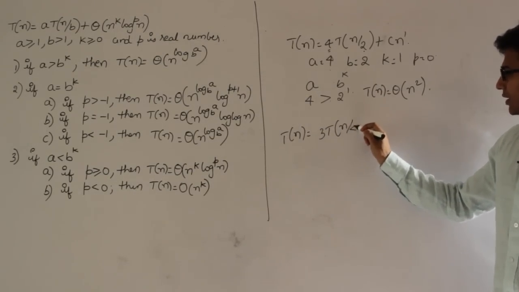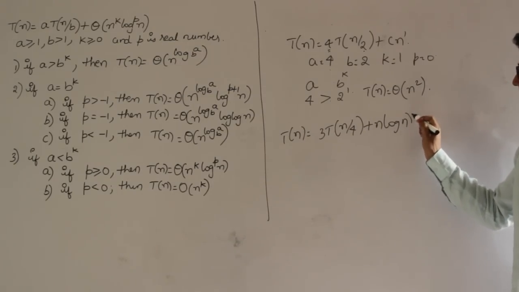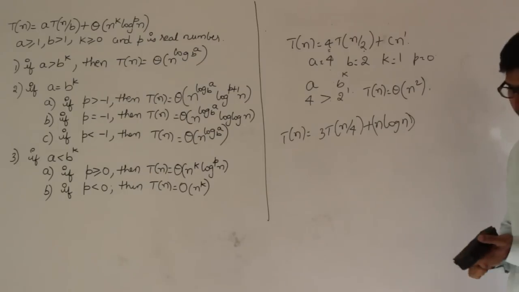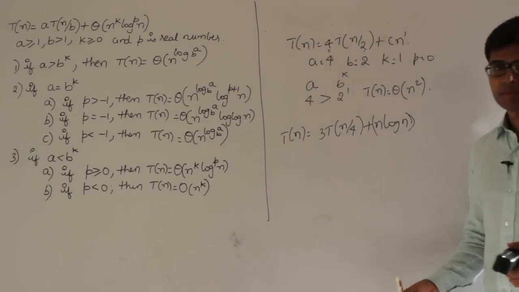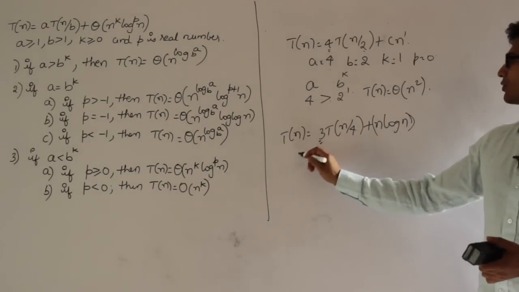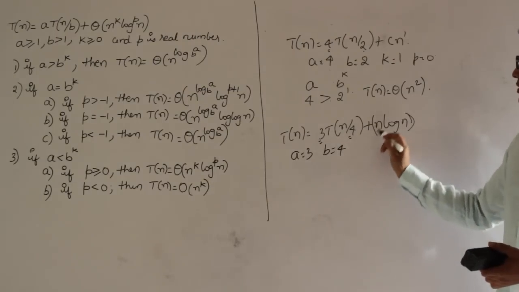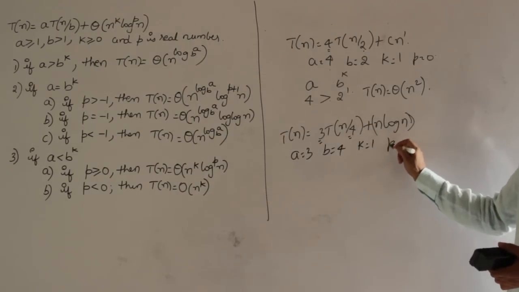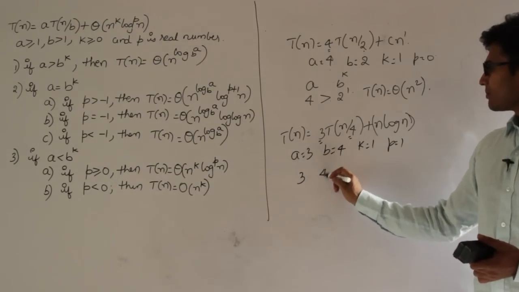And next one is T(n) = 3T(n/4) + n log n. Here a = 3, b = 4, k = 1 and p = 1. So let's compare a and b^k.